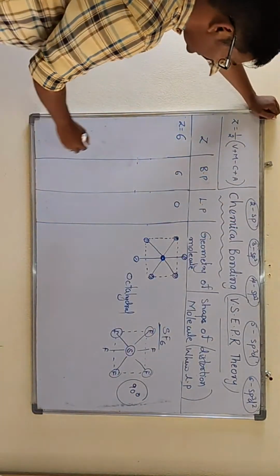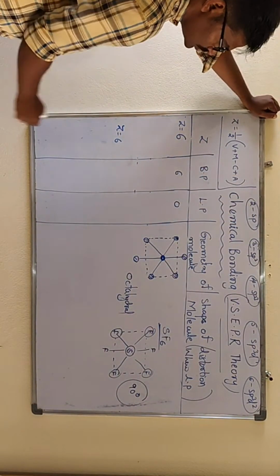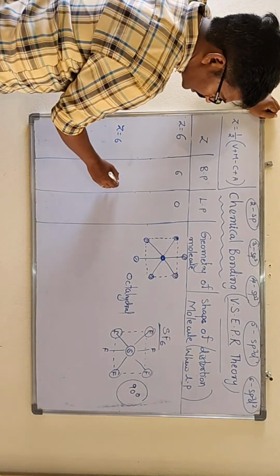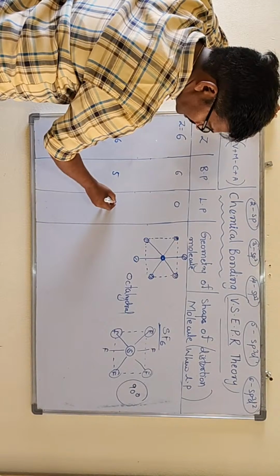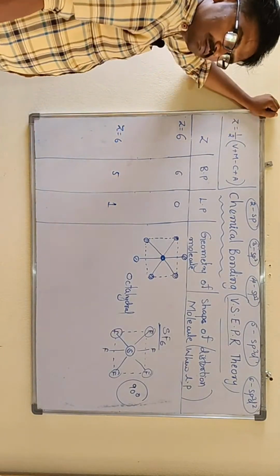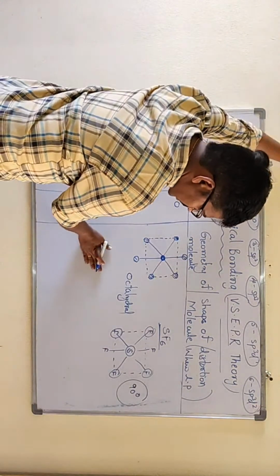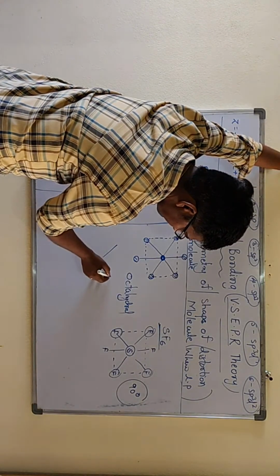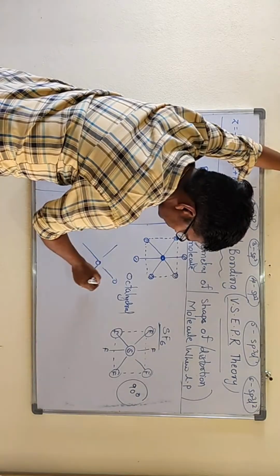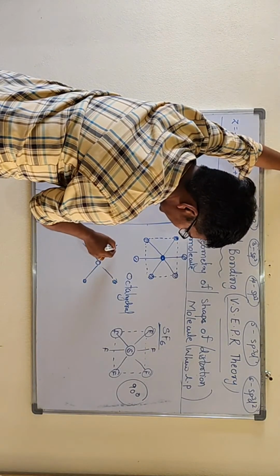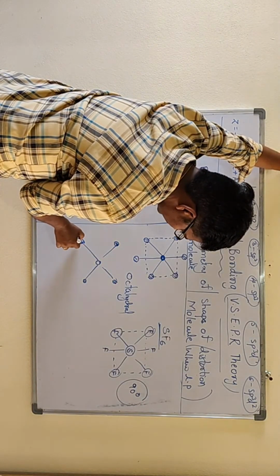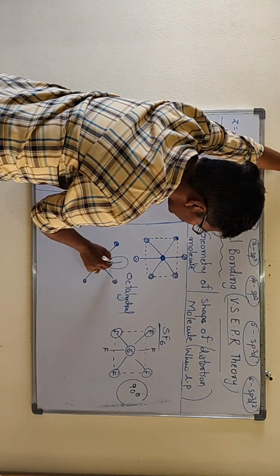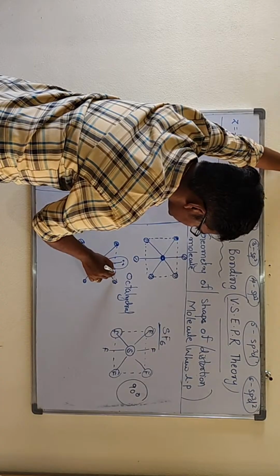In case the Z value is 6, with bond pairs 5 and lone pairs 1, you have to observe that all are present in one plane. Then one of the positions, above the plane or below the plane, is occupied by the lone pair of electrons.